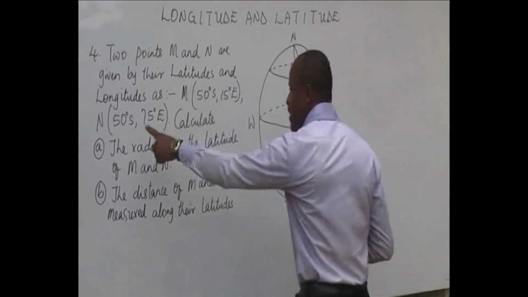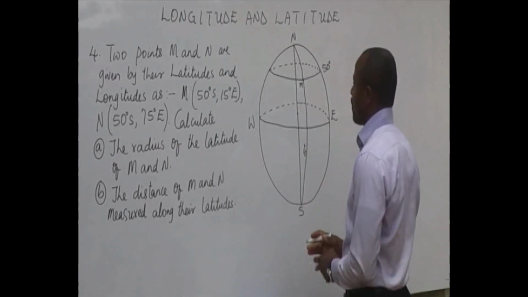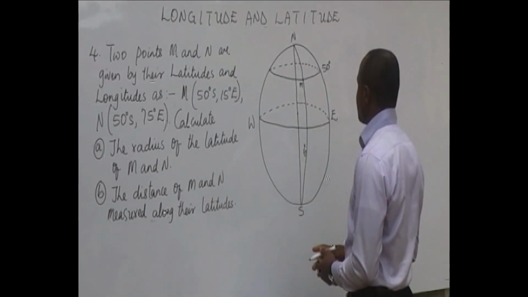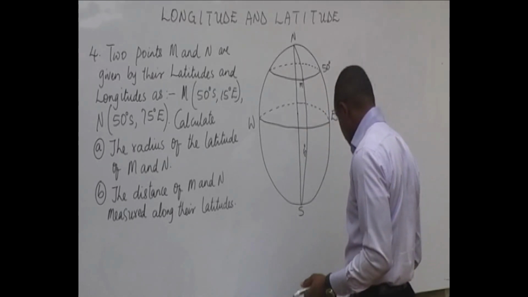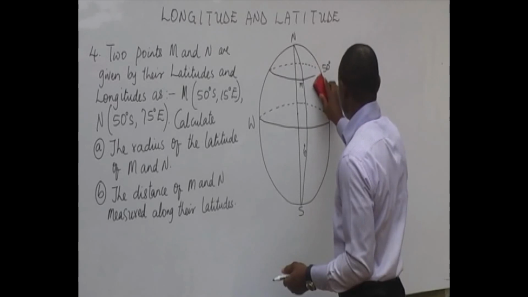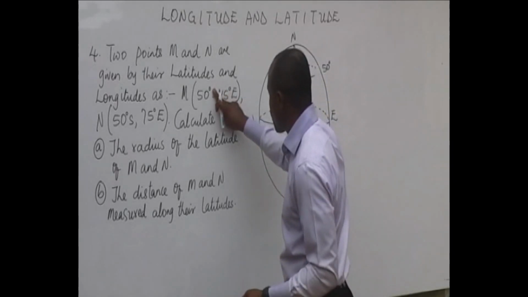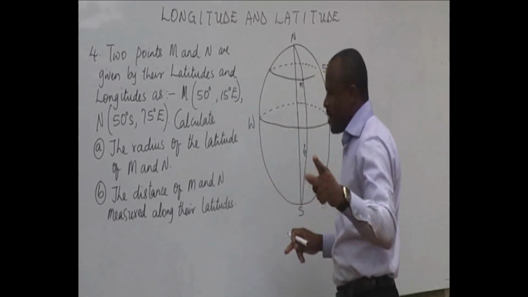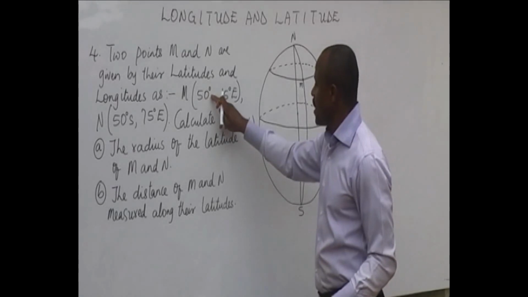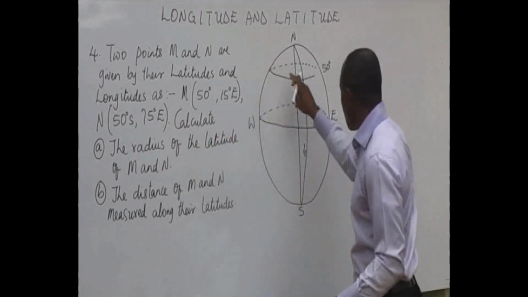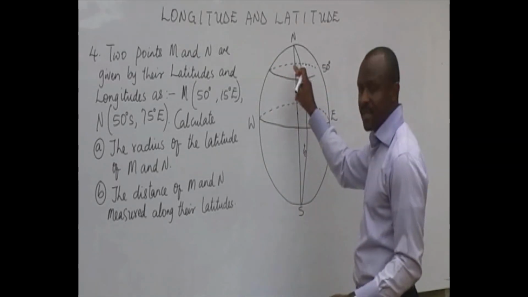Then the next one is the same 50 degrees south. Sorry, this is not on the south. The mistake I made now is that instead of drawing this line of latitude on the south side, I was drawing it on the north side.